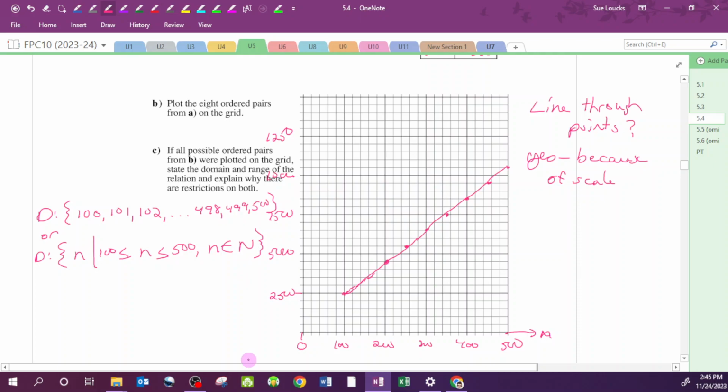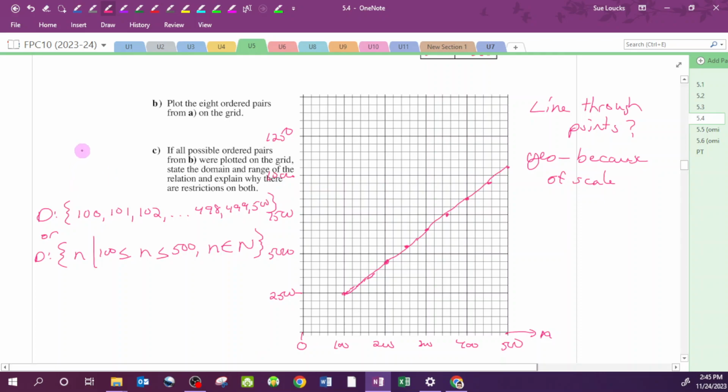The natural numbers is better than integers. Integers would not be wrong, but every number between 100 and 500 is in fact a natural number because there are no negative numbers in there. You could also go with whole numbers. That would be fine.